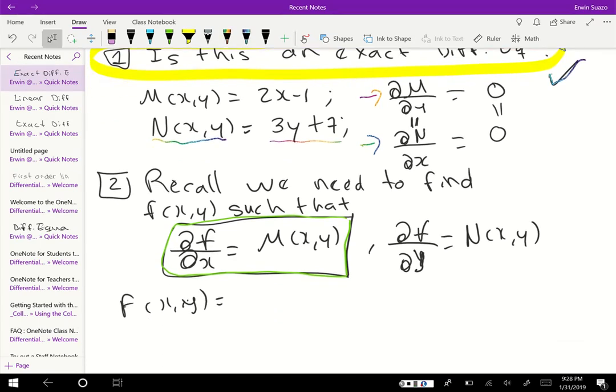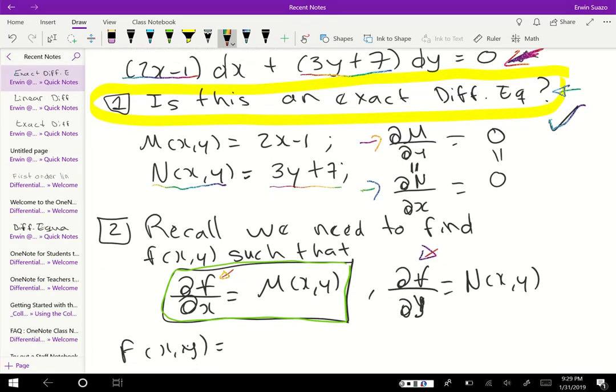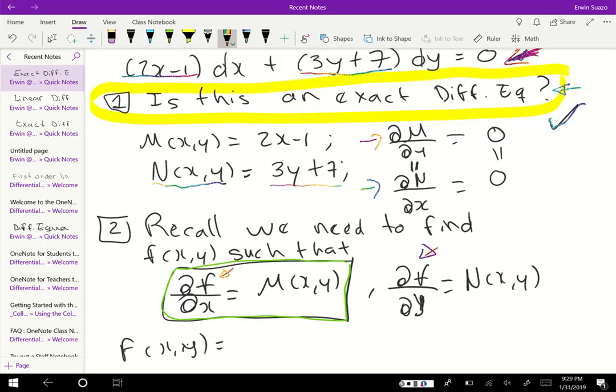So the next step is to recall what it means to have a solution for an exact differential equation. What it means is that we need to find an f that satisfies these two properties: the derivative of f with respect to x is M, and the derivative of f with respect to y is N. So basically the differential of the function is the equation that we want.